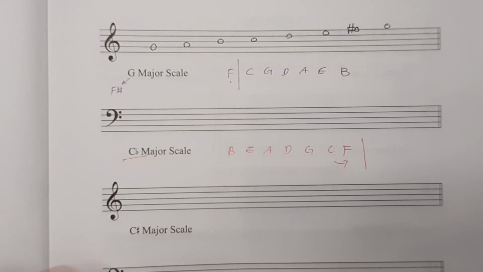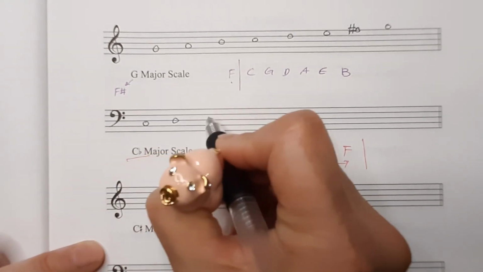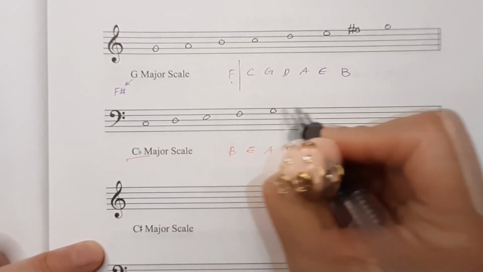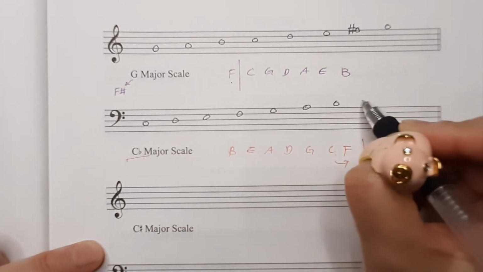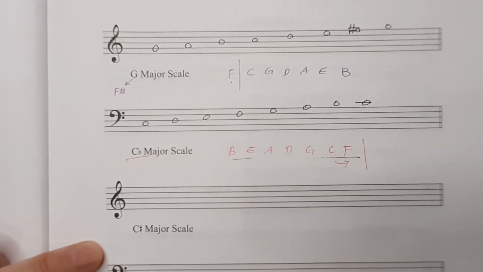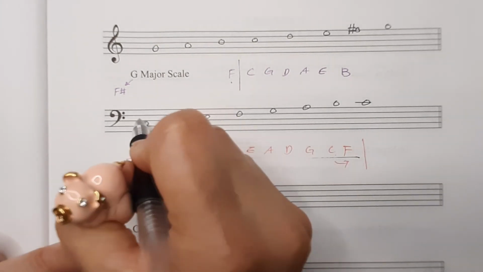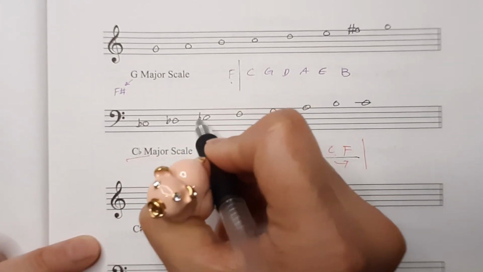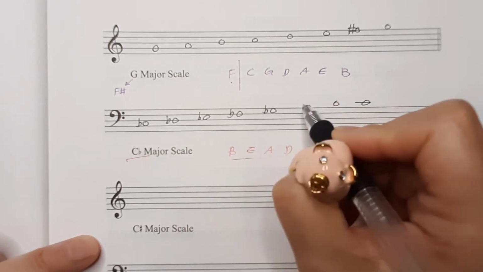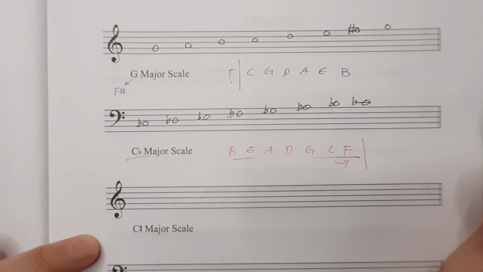Let's draw the notes from C to C. C, D, E, F, G, A, B, C. And guess what? You're gonna flat all seven of them. And actually it's eight because there are two C's. So you flat every note. Good. This is it.